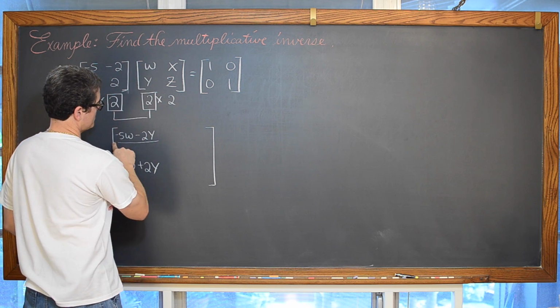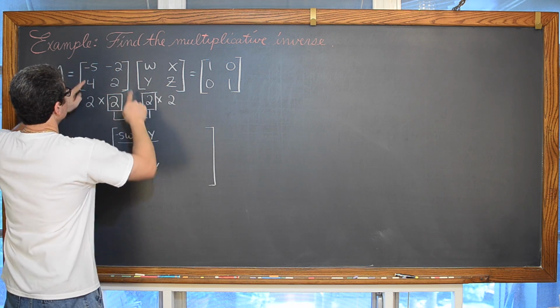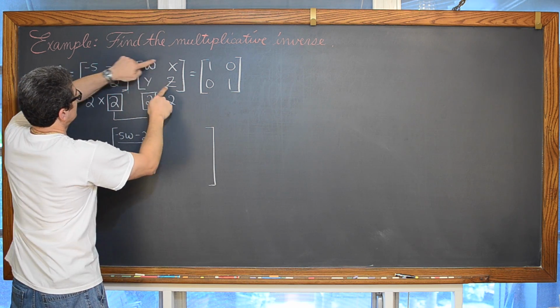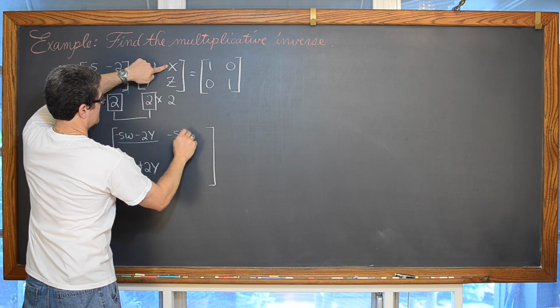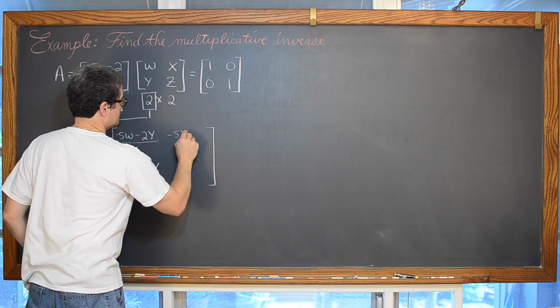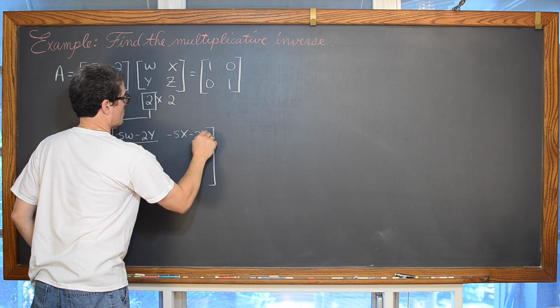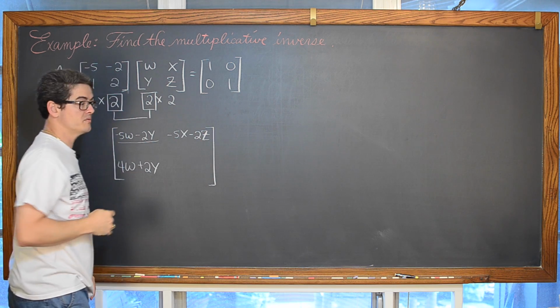Now the first row, second column: negative 5x plus a negative 2z.